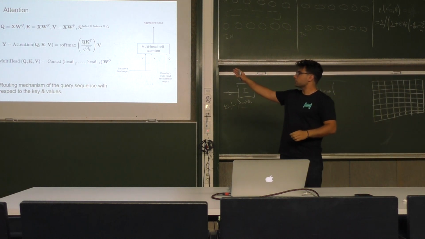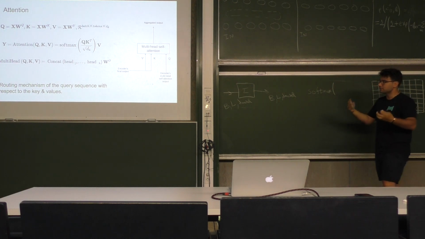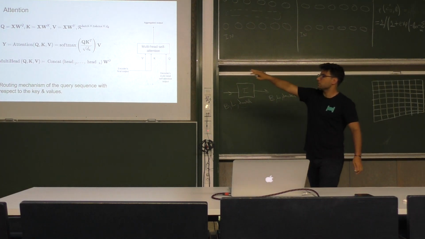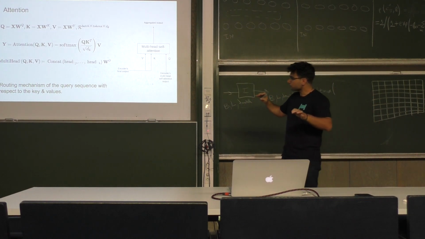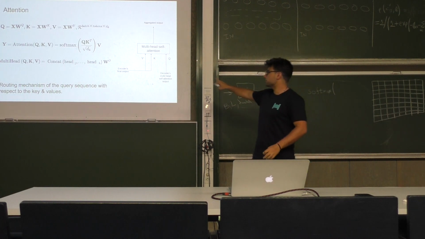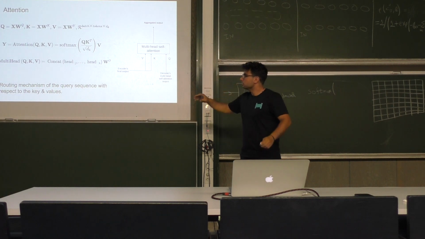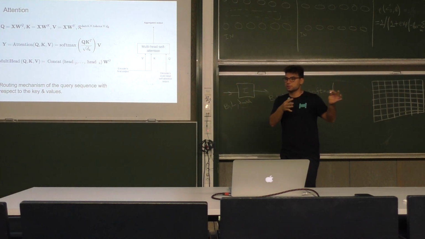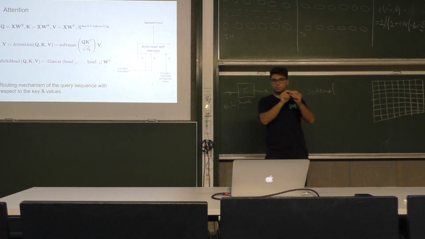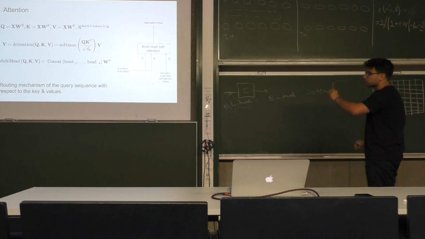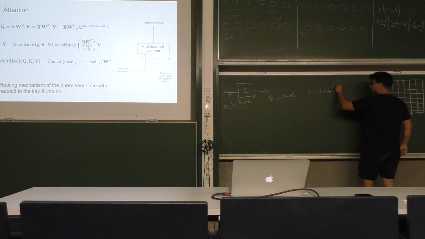So we have Q, K, and V, which are the queries, keys, and values. These are all, as you can see on the top, three linear projections of the input.